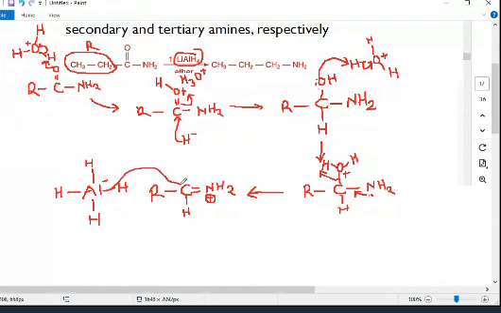So we remove that one. Remember, this is partially positive, so that this one can be balanced like that. So what we are going to have is the double bond is already broken.